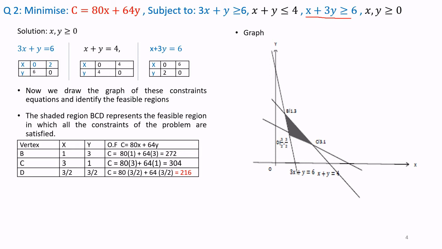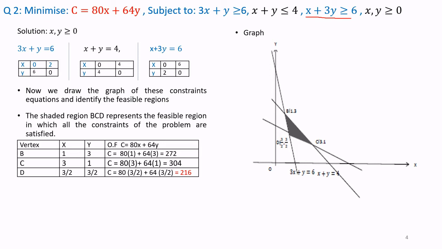Therefore, substituting the values for point C, we get 80 into 3 plus 64 into 1, that is equal to 304.